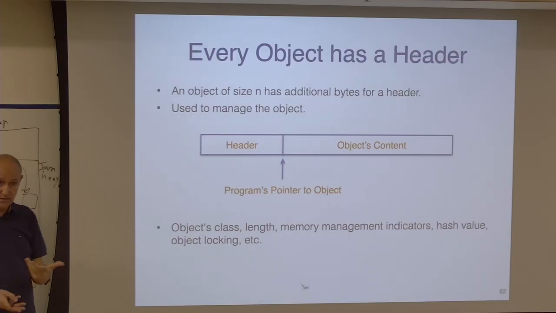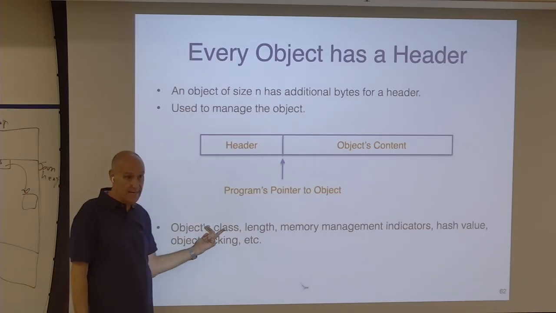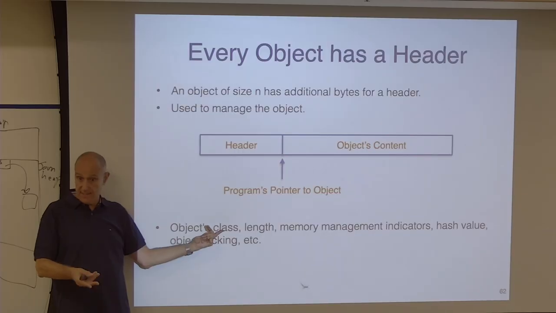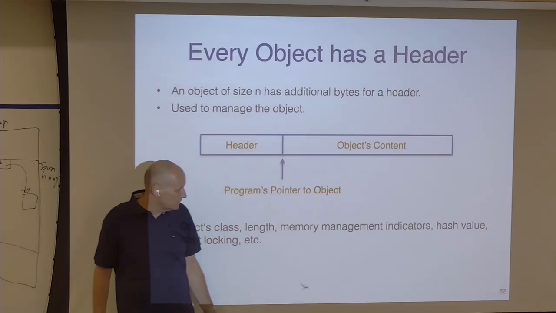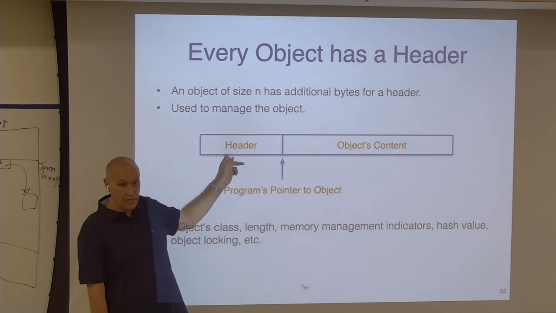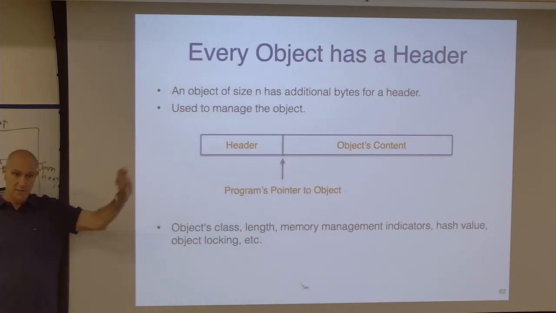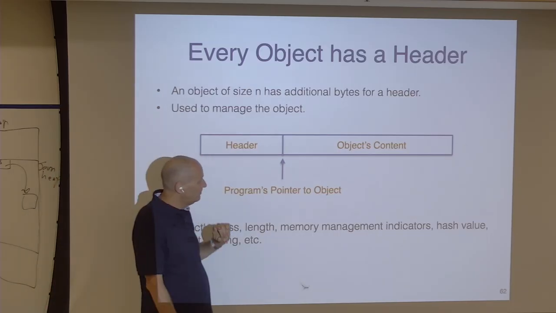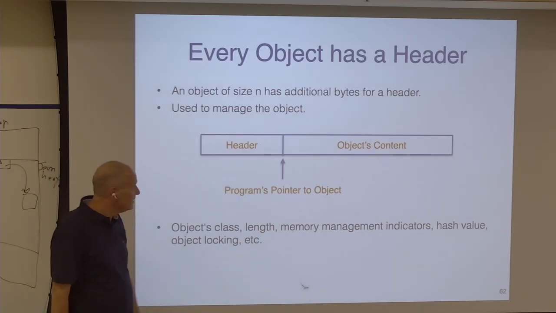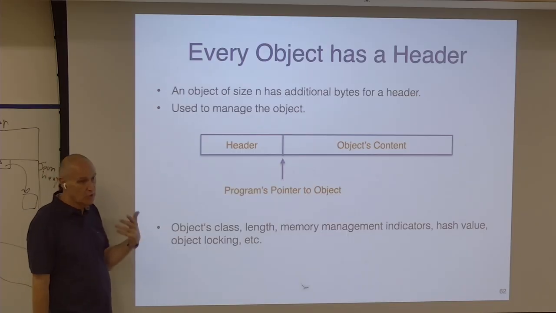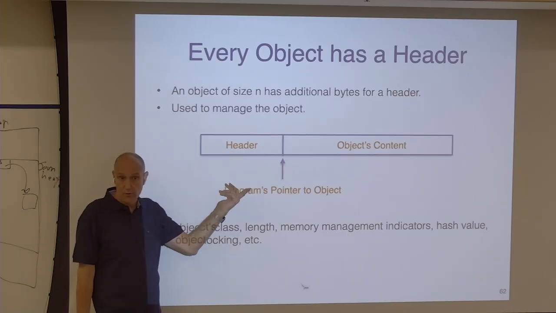If it's object-oriented programming, then you have the object class, so you'll know which fields are in the object and where the methods are that you might operate on the object. Memory management would keep a mark bit here. Sometimes in Java you can hash an object and then the hash value may be here.